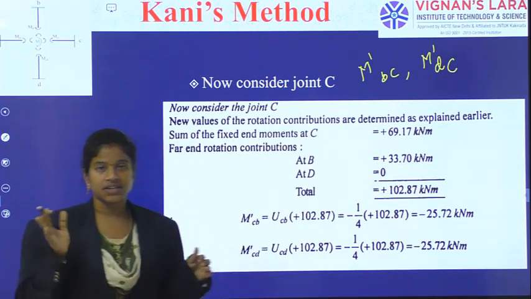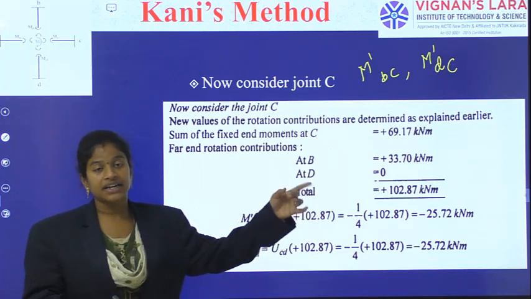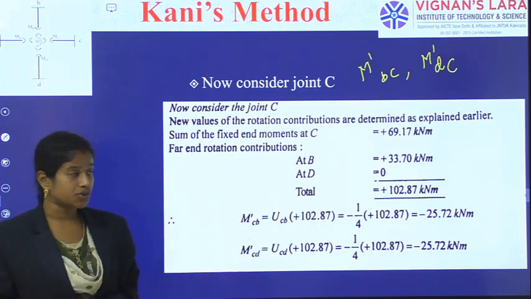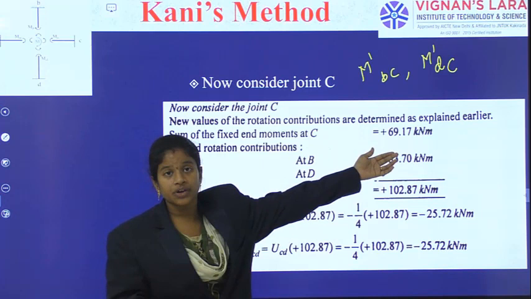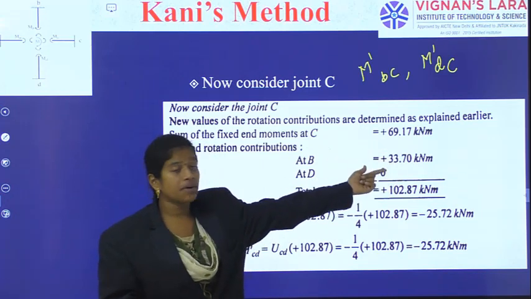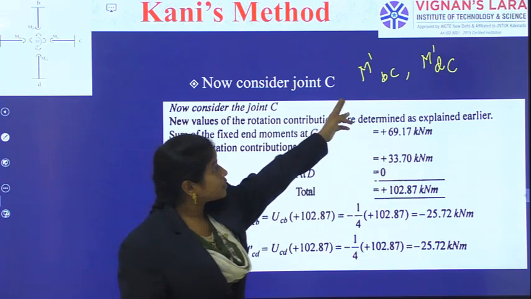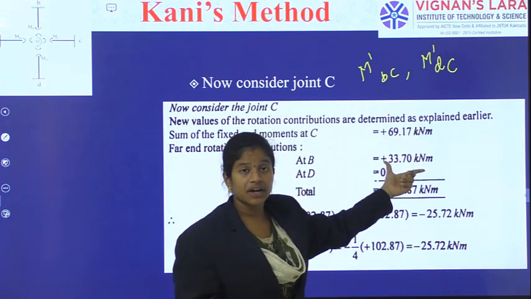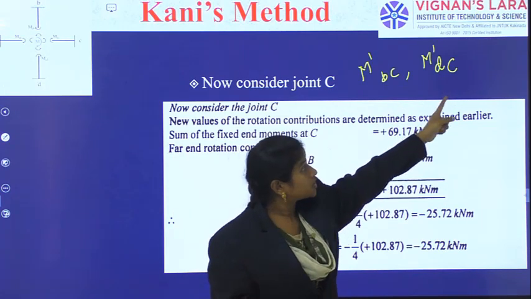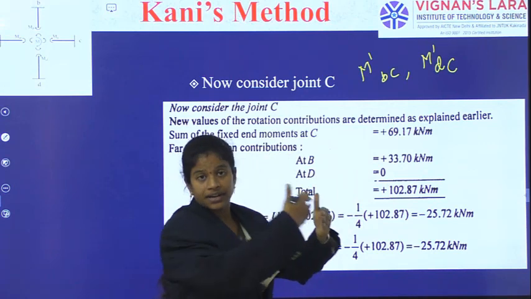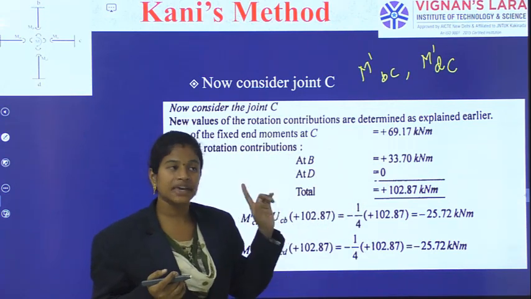At B towards C, what is the rotation contribution? At D towards C, what is the rotation contribution? At B towards C it is plus 33.7. At D towards C, that is 0, being a fixed end.